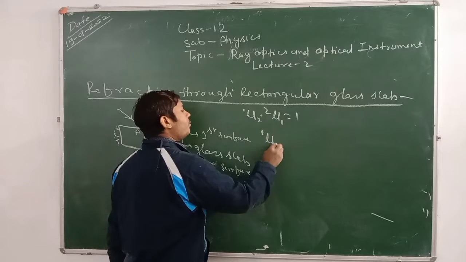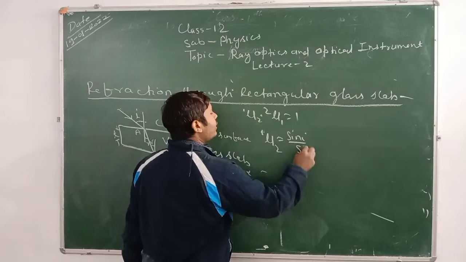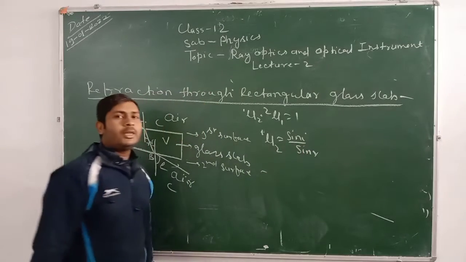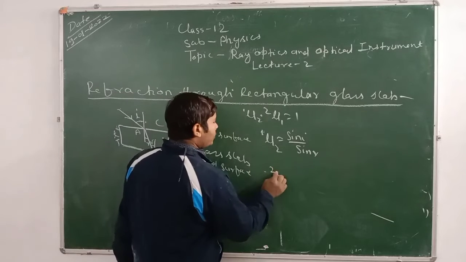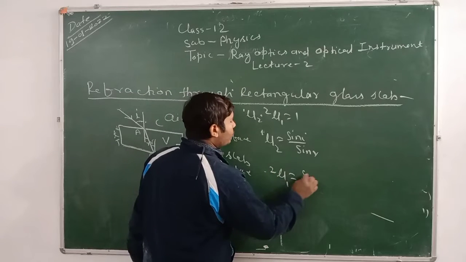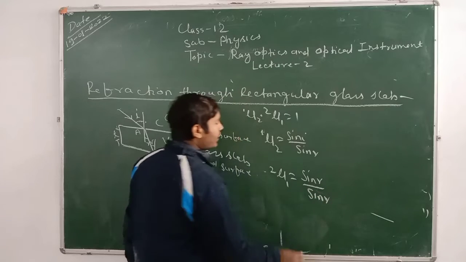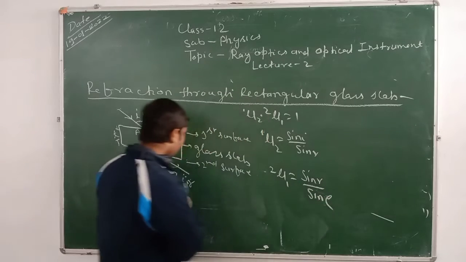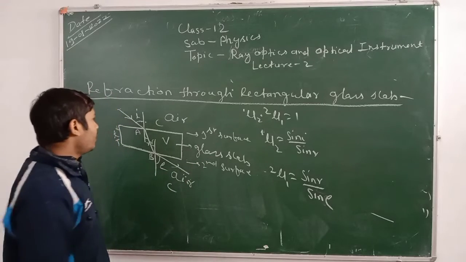So in this case, 1μ2 will be equal to sine I upon sine R. It is the refractive index at the first surface, and at the second surface, 2μ1 will be equal to sine R upon sine E, because it is the refraction. So I have written E. Is it clear?